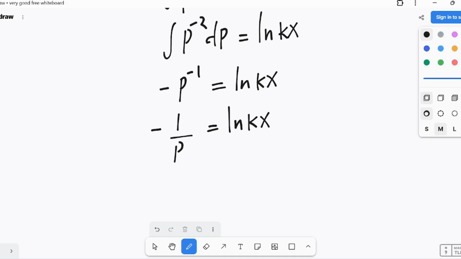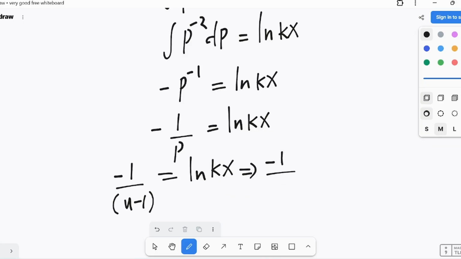Putting back p, we have negative 1 out of u minus 1 is equal to ln of kx. But now our u, this is the same as negative 1 out of y out of x minus 1 is equivalent to ln of kx.